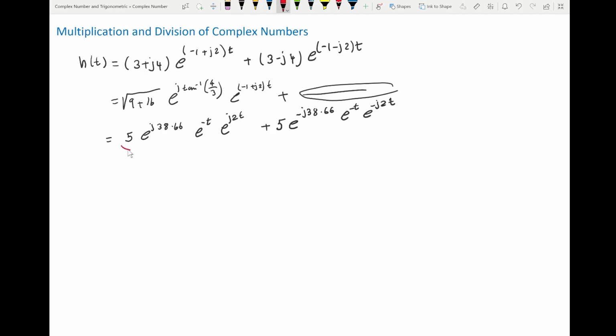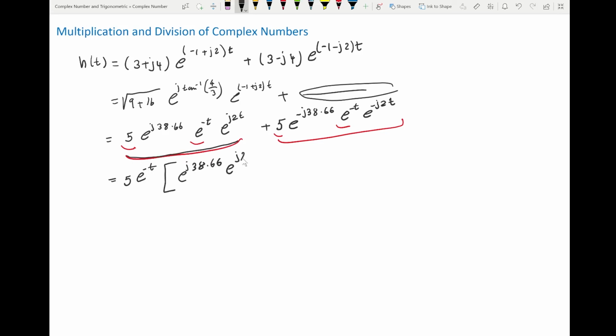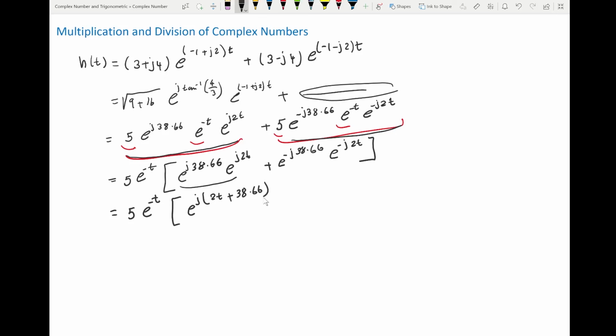Now I will take this component as a common factor between these two terms. So what's left from this term is the following. And from this term, the following. I will combine these two as follows. And these two as follows.